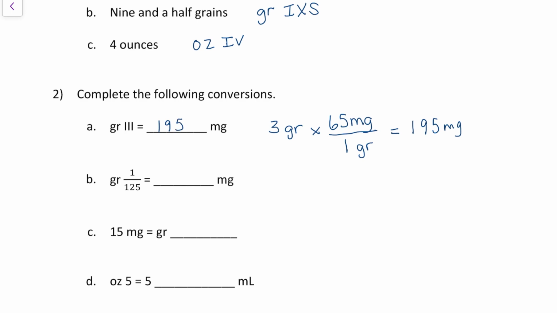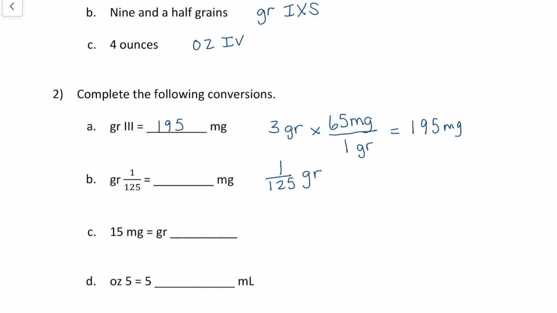For our next one, I have 1 over 125 grains. I'm writing in my rough work notes, I'm writing the grains after. This is just to follow how we've been doing it with the imperial systems where we use dimensional analysis. So I know the grain is supposed to go in front and I will include that in my answers, but during the rough work I find it nicer for me to follow my thinking if I write it after.